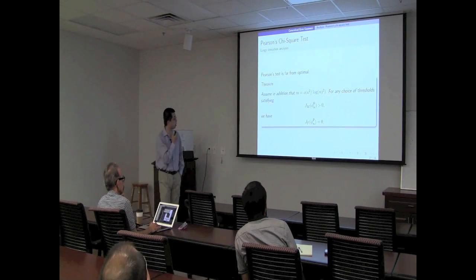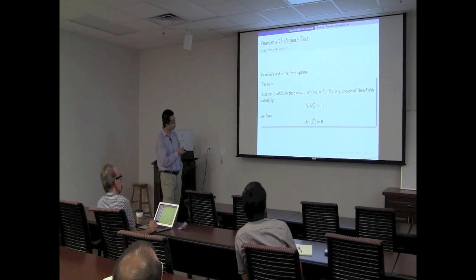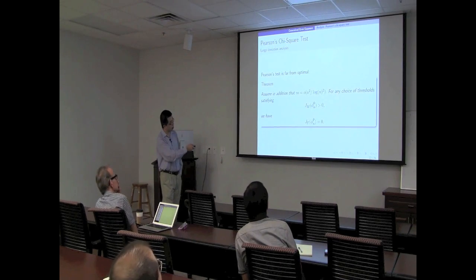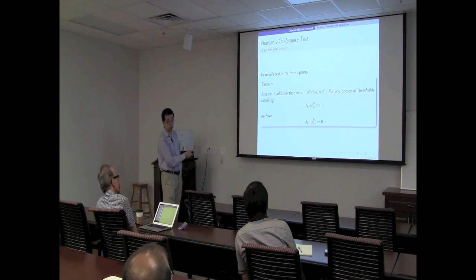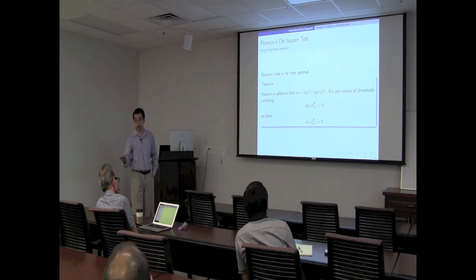Okay, so for this classical test, for any choice of threshold, you can show that if you choose a threshold so that the exponent of misdetection is bigger than 0, then this Pearson test has 0 exponent of false alarm.